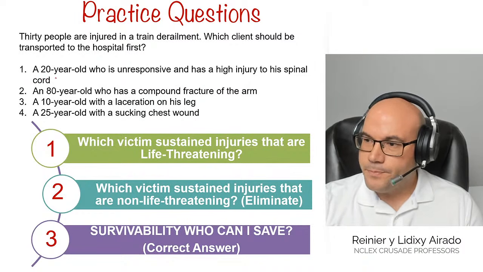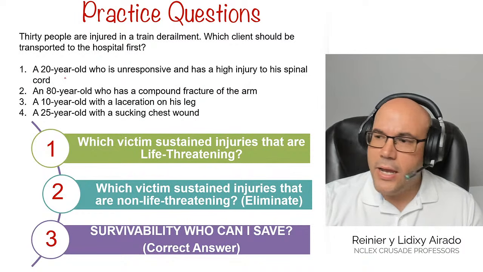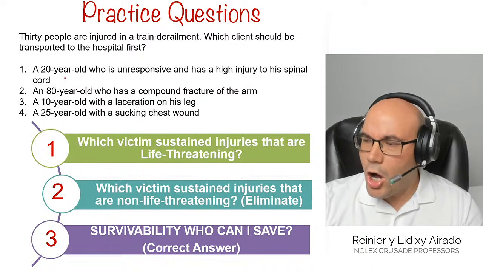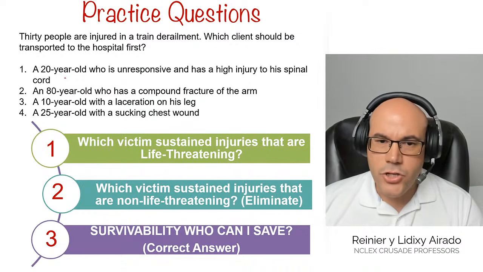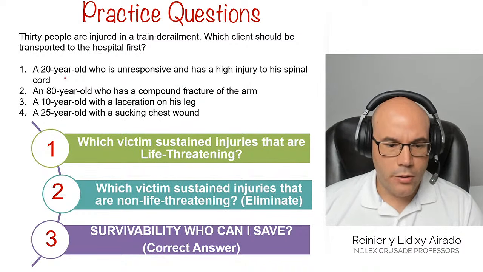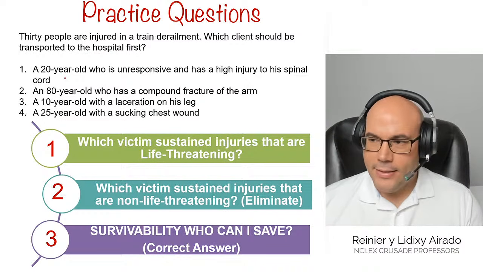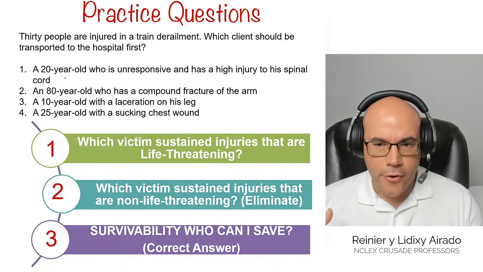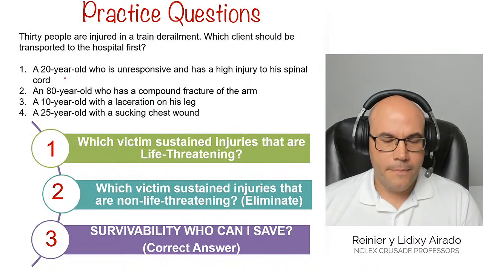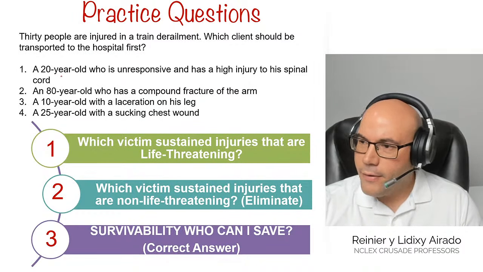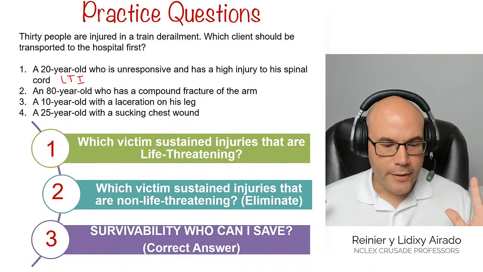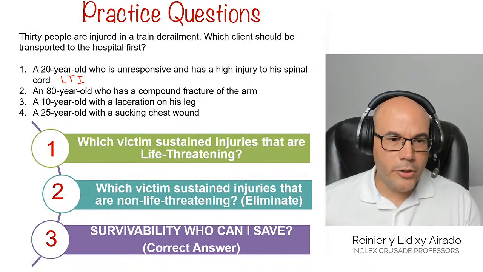Answer number 1 says a 20-year-old who is unresponsive and has a high injury to his spinal cord. Do you think this is a life-threatening injury? Absolutely. This is a life-threatening injury.